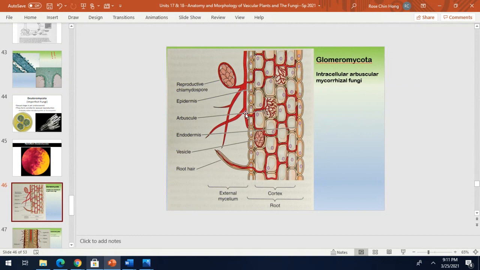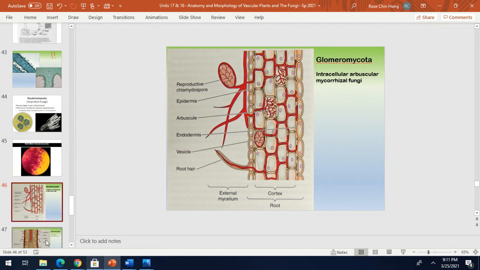It extends its area in obtaining nutrients, phosphorus, phosphates and all the other minerals that the plant will not get in its immediate area, as far as the roots and the root hair extend. So it does expand its surface area and its reach of getting nutrients. And in return, the fungi would get the sugars, the carbon from the sugars made by the plant. So this is a symbiotic relationship.